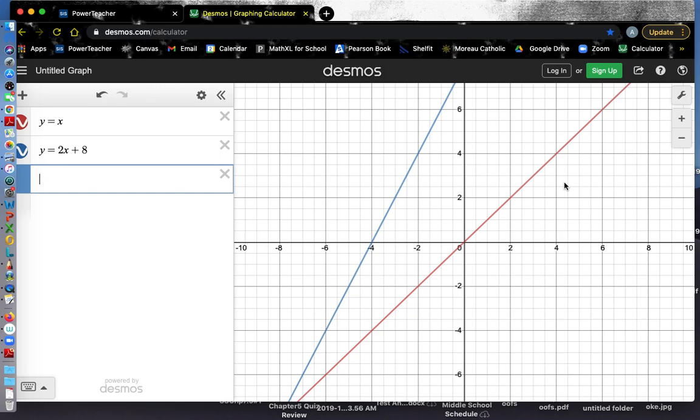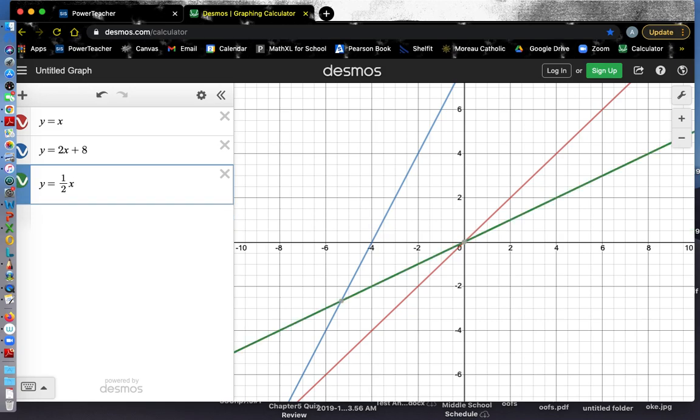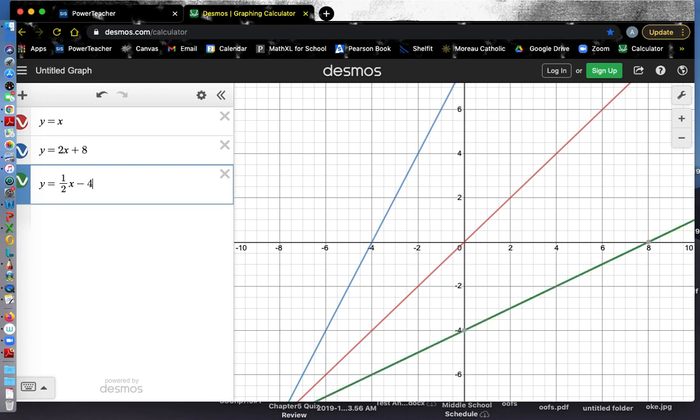That was y equals 1/2 x minus 4. Again, notice how it breaks off from y equals x, and these are equidistant from each other. It's like a mirror across y equals x.